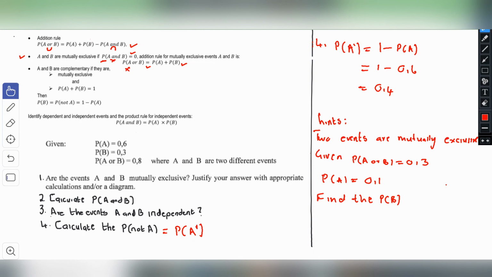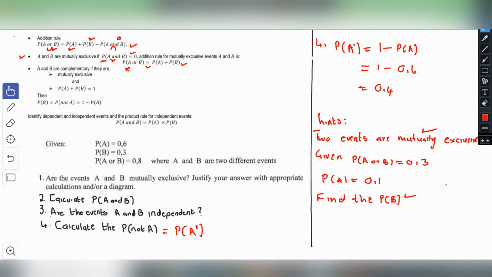Remember, for mutually exclusive, we know that the probability of A and B is equal to zero. So we can calculate the probability of B, because from the addition rule, we have the probability of A or B, we have the probability of A, we are asked to calculate the probability of B, and the probability of A and B is equal to zero because of this mutual exclusivity, right? These are the type of questions that might come in the exam.